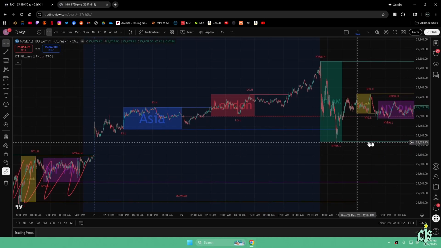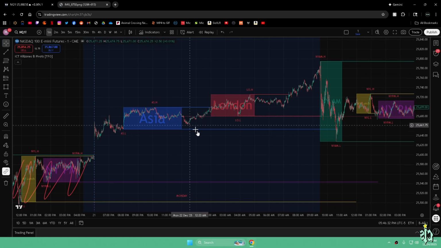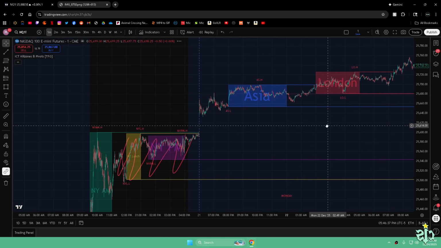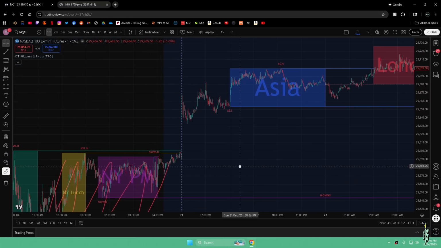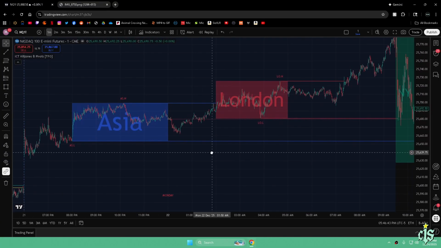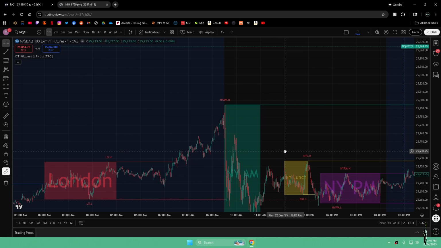So we have this one. If we already took buy side and we just keep going up, then you would mark it downwards. But we'll go over that. This one was just bullish until New York.